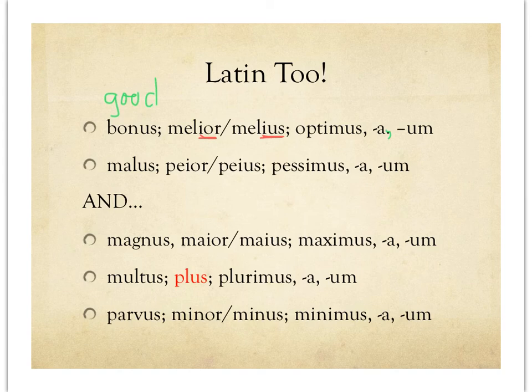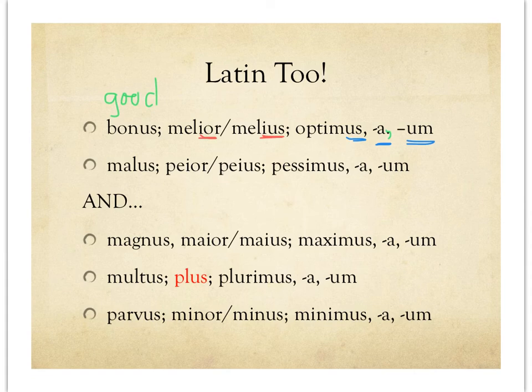It's going to be melior, melioris, meliori, etc. And the superlative optimus has three forms just like all of the other ones. So it's optimus, optima, optimum, and those are going to decline in a completely regular way. So there's nothing strange about the forms. The strange thing is what the word actually is. You would just never guess that optimus has anything to do with bonus.